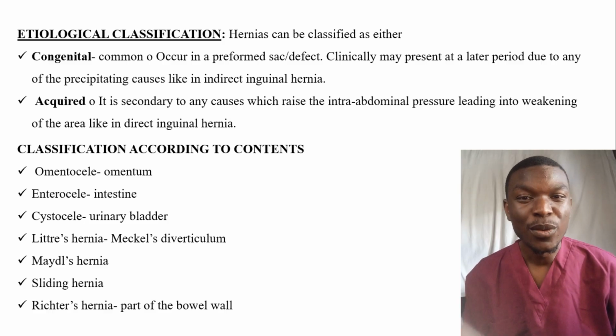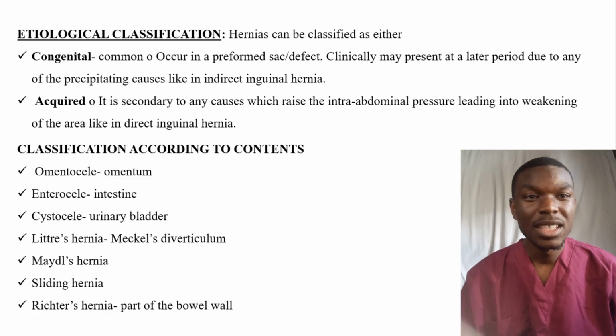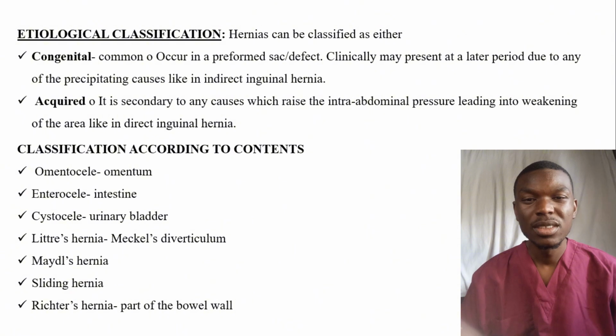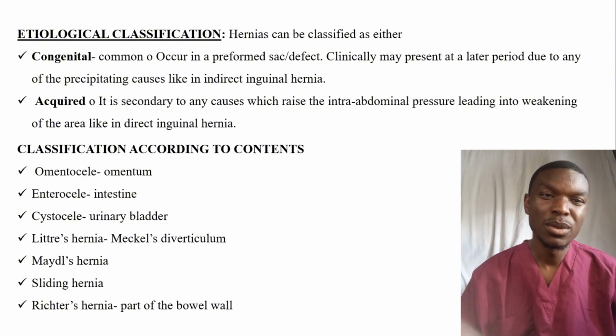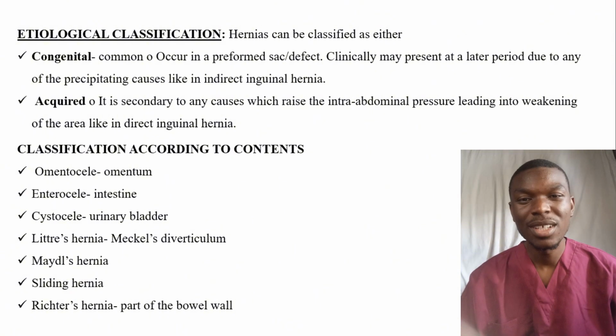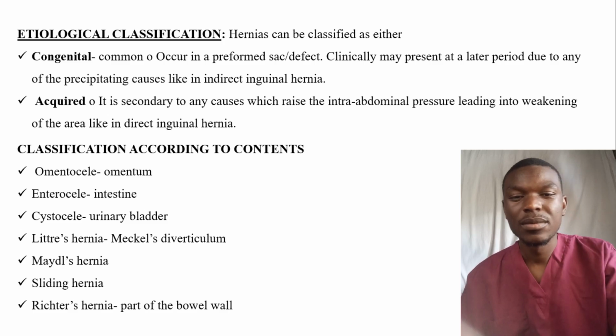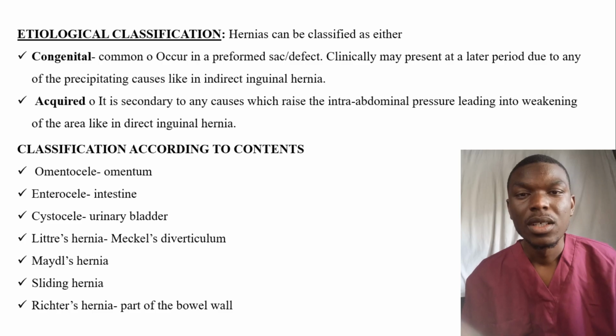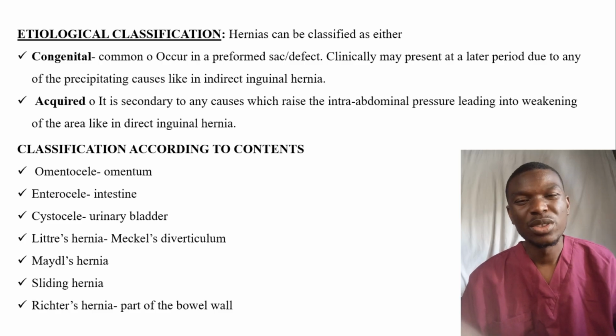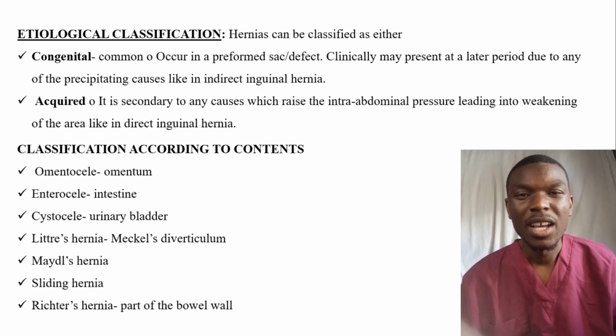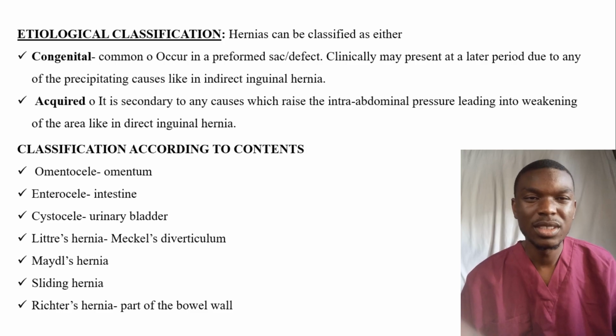We move on to classification according to etiology. So these are just two. It can be congenital, it can be acquired. So congenital patients usually have a weakness in those areas where these hernias develop.